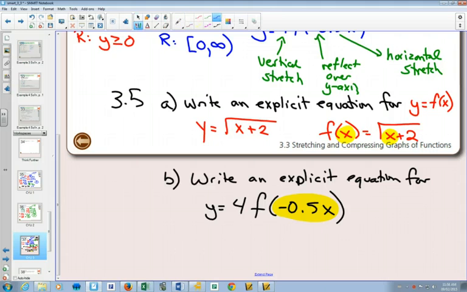So we can basically start with our original function, which was the square root of x plus 2, but I'm not going to write my x, because where the x is, I have to replace it with negative 0.5x. That's the highlighted part. And there's a 4 in front, so there needs to be a 4 in front of my equation as well. And this would be the equation of our blue graph.